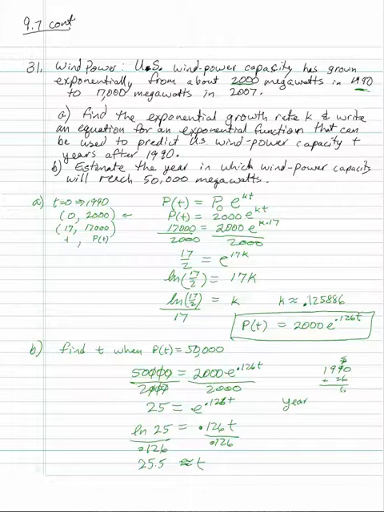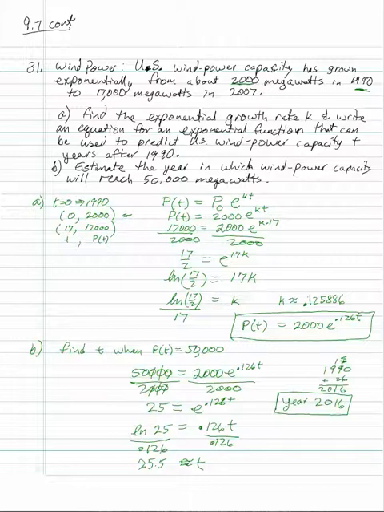So that'd be 2016. Is that right? Oh, they got 2015. Why did they round it down? I don't know. Maybe they left the 0.12588 in the calculator.